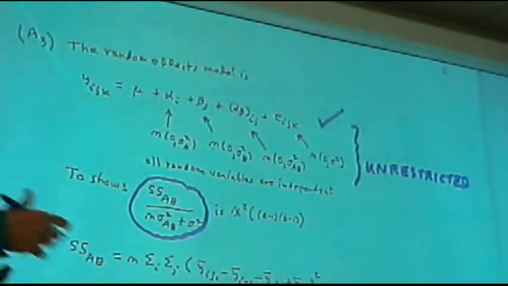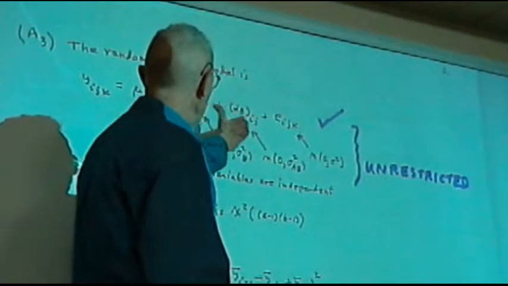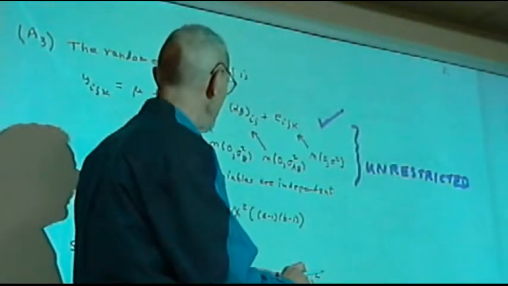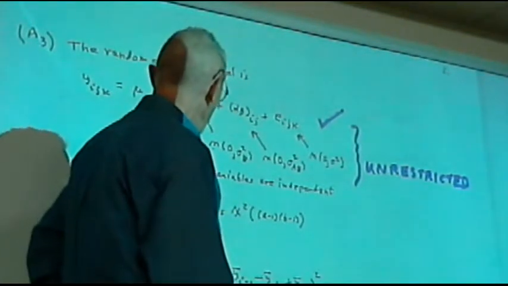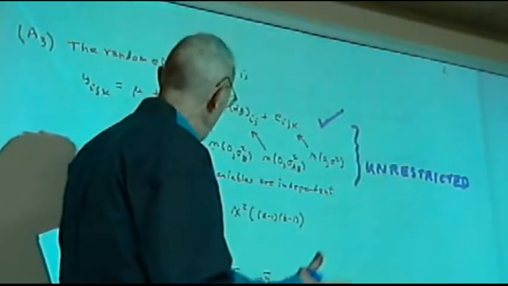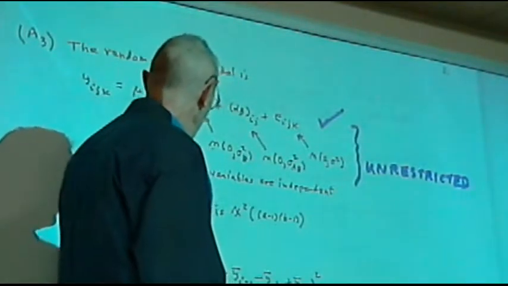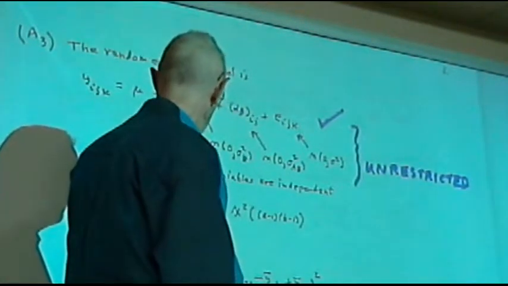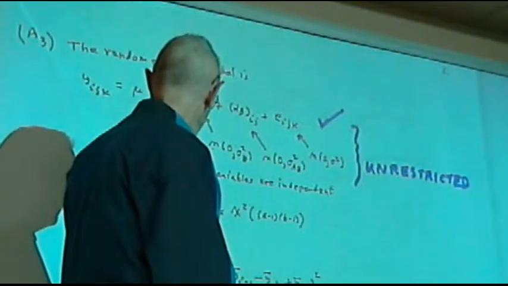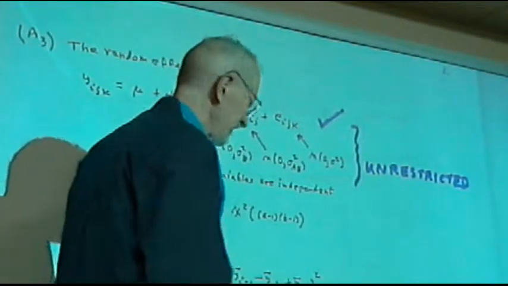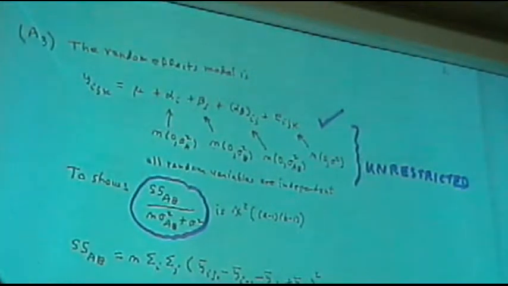This is the unrestricted model. We have no assumptions about sums or anything like that in these terms that are in the model. So notice this is an unrestricted model. So in that case, how do we show this has this chi-square distribution? So we begin here, sum of squares AB.